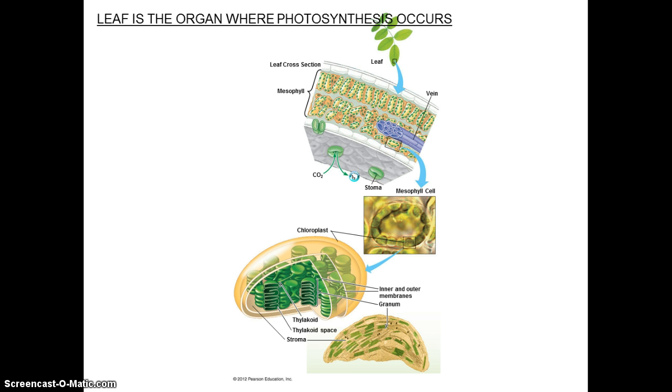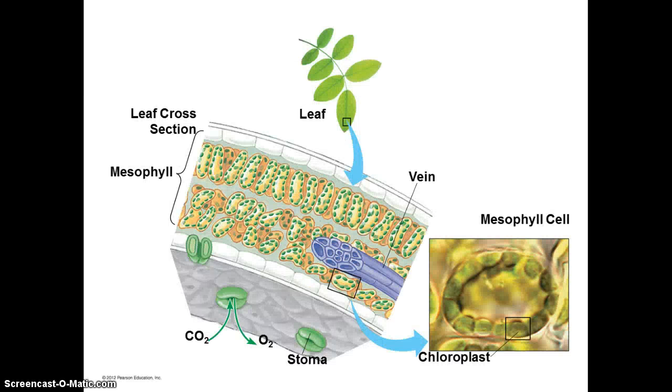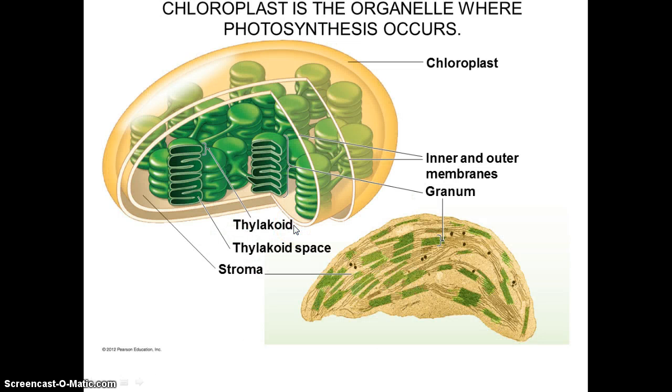Now, where does photosynthesis occur? The leaf is the organ where photosynthesis occurs, and in the middle layer, the mesophyll layer, the word meso means middle and phyll means leaf, is where most of the photosynthesis occurs. It occurs in an organelle called the chloroplast. Just like the mitochondria, the chloroplast is an organelle with a double membrane.